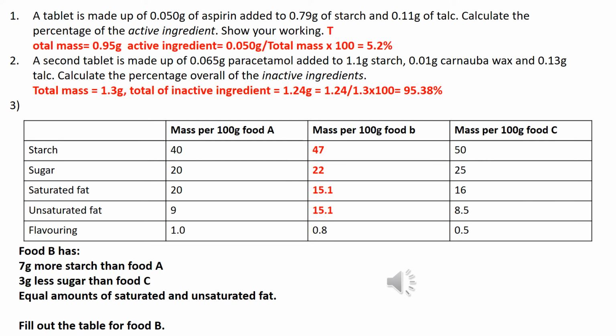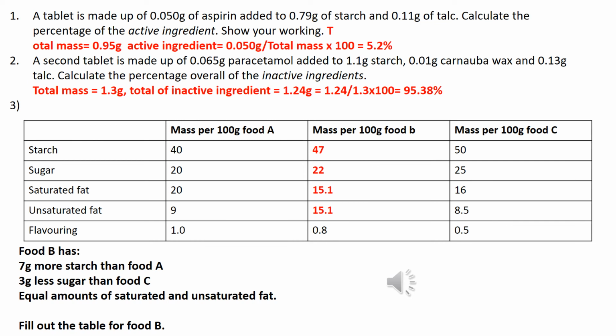You will get 5.2%. Question number 1 asks you to calculate the percentage of active ingredients. Based on the statement given, the active ingredient is aspirin, which is 0.050 grams, and you divide that by the total mass.